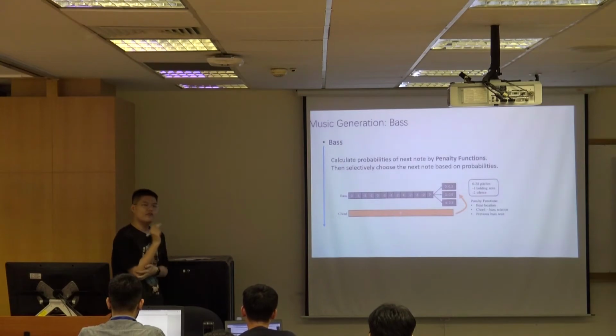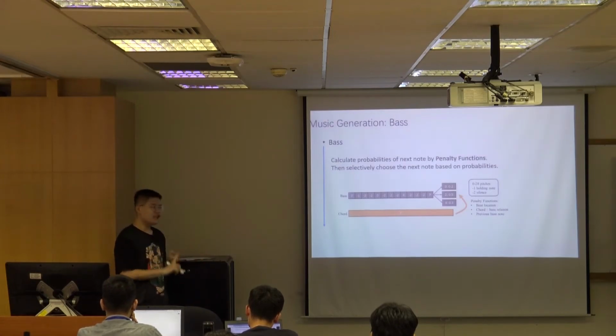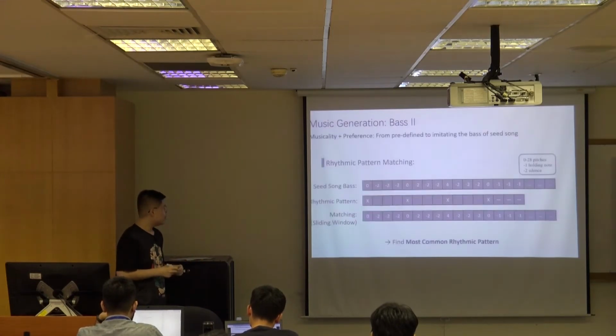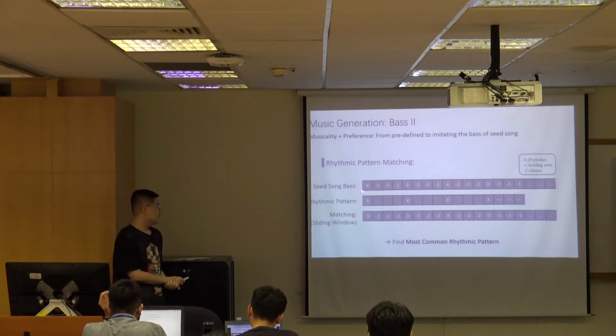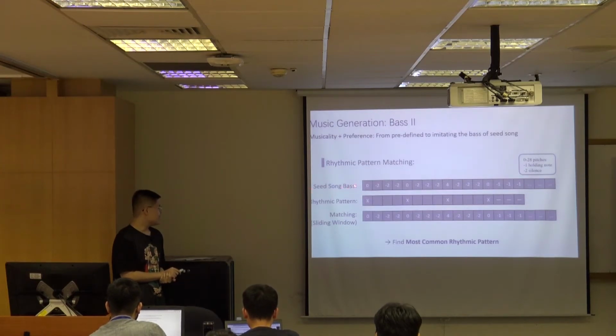Okay, so the basic idea of bass generation is we have rhythmic patterns and we have pitch patterns. The rhythmic pattern is the locations where the bass occurs and the duration of a bass note. The rhythmic pattern of the bass here is like cross, cross, cross, and cross, and dash, dash, dash.